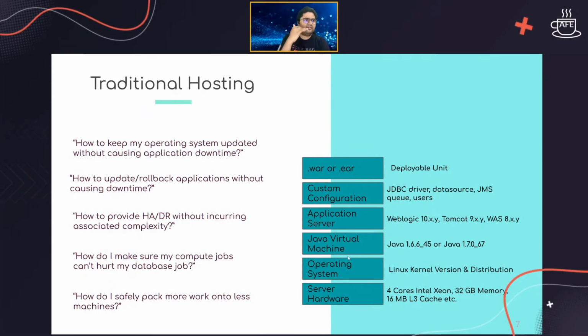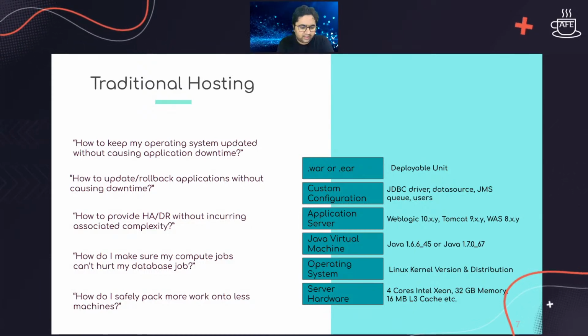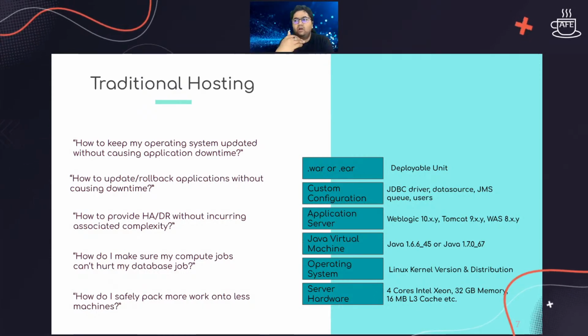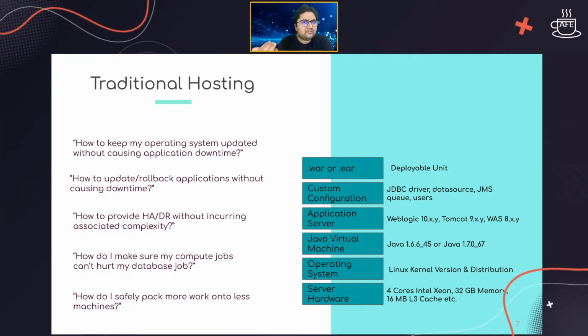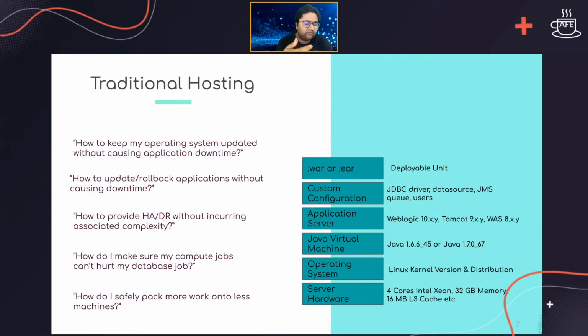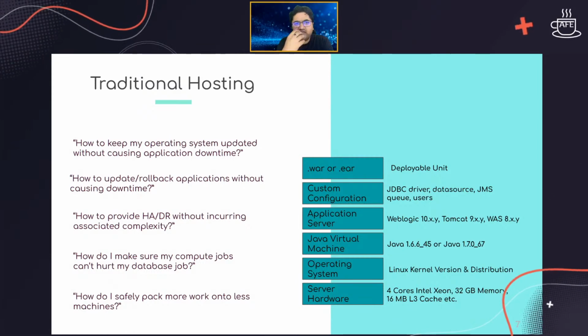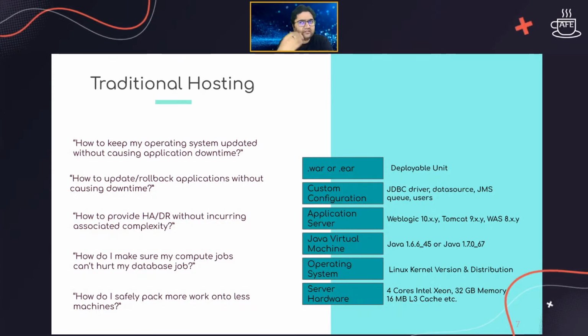Then you operate on some kind of runtime environment, say the JVM, which is the most popular one in enterprise software development. And then you have application software, which is the application server. Loosely speaking, this is Django or Flask for people from the Python world. Node is another example. There could be any kind of application server. Then you have configurations, and then you finally have the deployable unit.